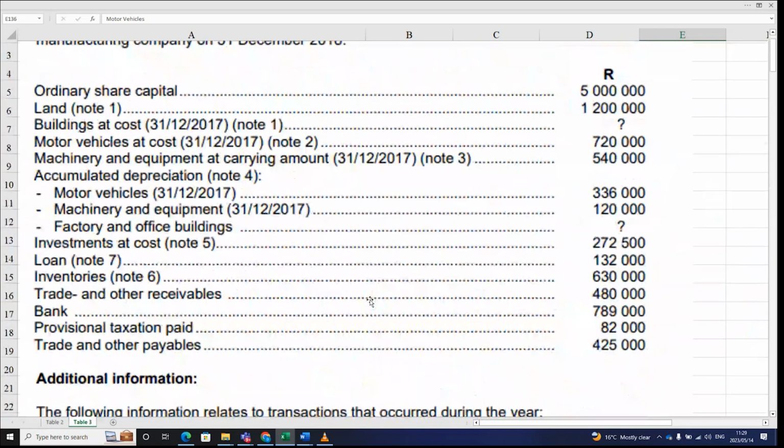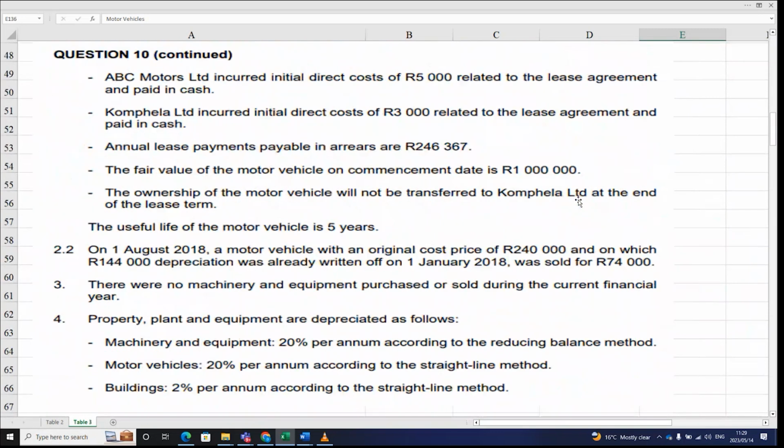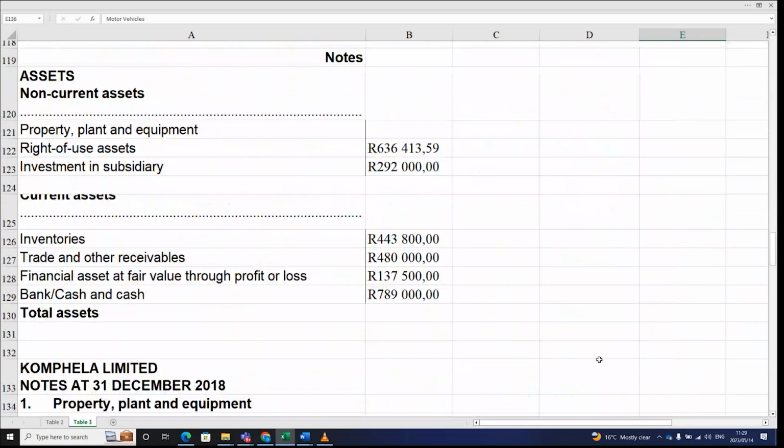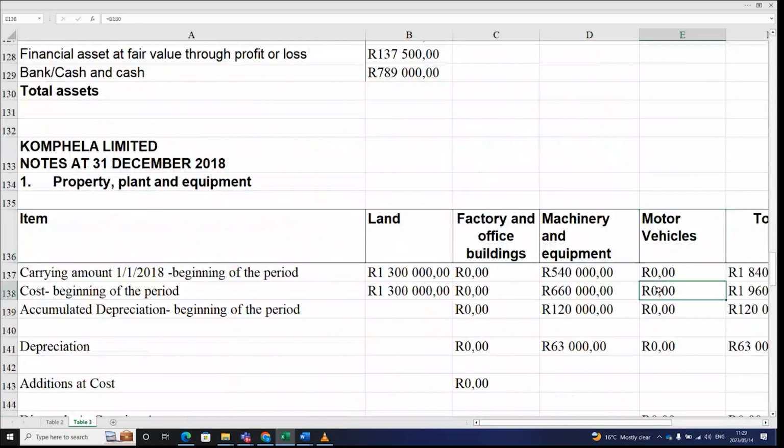So the motor vehicles, they say this is the cost, 720,000, and then motor vehicles cumulated depreciation is 336. Okay. Motor vehicles cost 720,000.